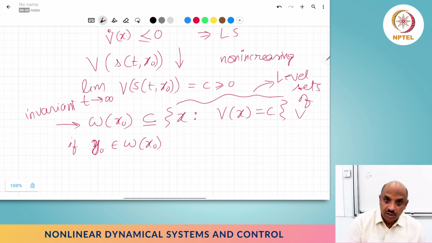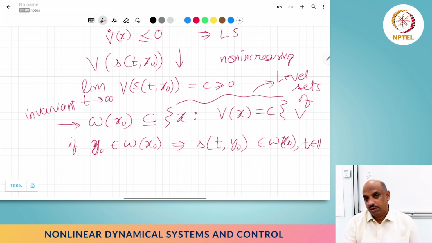So if I'm going to start off in one of those initial conditions, then what can I say? Because it's invariant, S of t comma y0 in omega of x0 belongs to x0 for all t in R, right? I mean, t greater than 0 for sure, but t belongs to R because we know that much more than just positive invariance is invariance, right? So what does this mean?